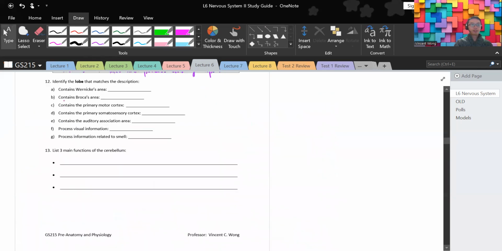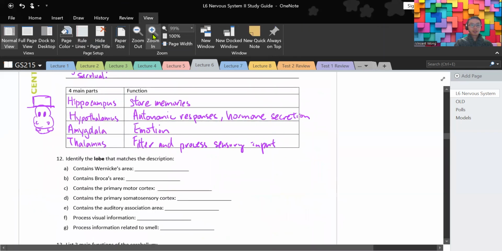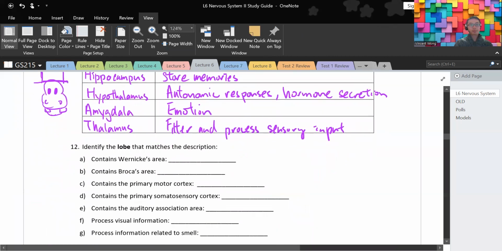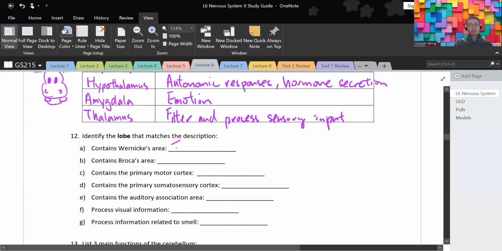Let's go back to this fill in the blank here. Let's identify the lobe that matches the description. Contains Wernicke's area. We just did that, right? That would be the temporal lobe. Again, this allows you to understand what you are hearing and also understand what you're reading.